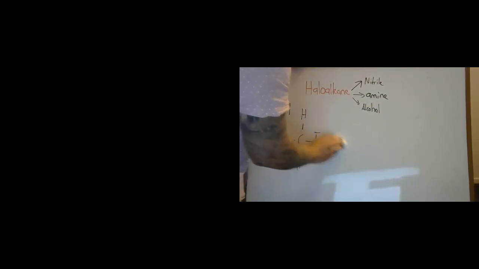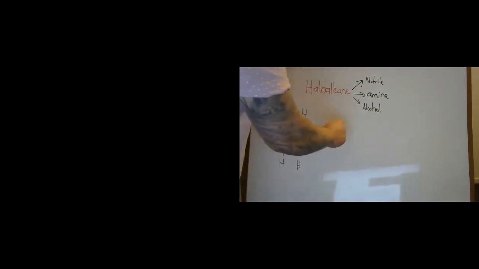We can also create, and the exam question will ask, we take a haloalkane and we react it with OH minus, or a hydroxide ion. What are we going to get?